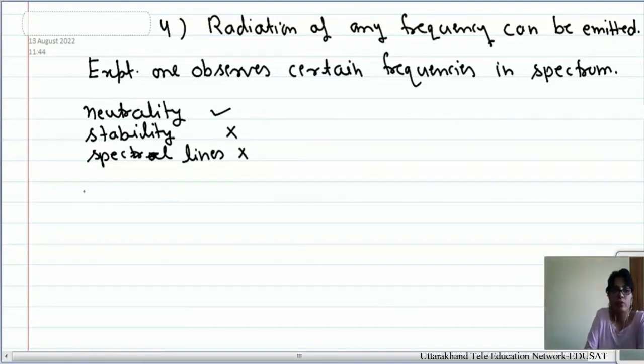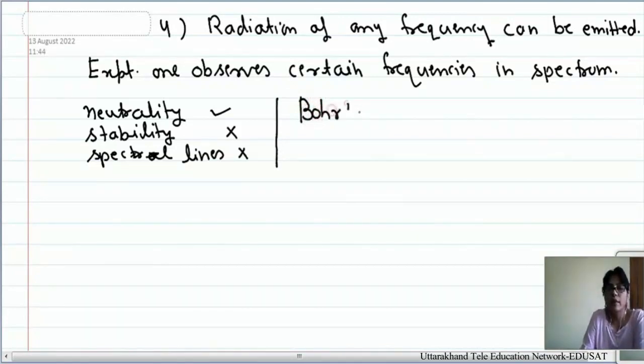And now come to another model. Because the Rutherford model was not able to explain all the experimental observations or the stability criteria of the atom, a new model came, and that new model is known as the Bohr atomic model. Niels Bohr was a scientist, and he gave his own model, which is known as Bohr's atomic model.